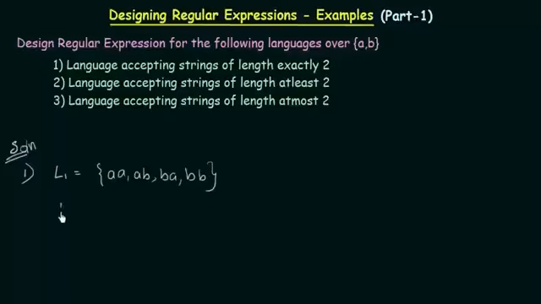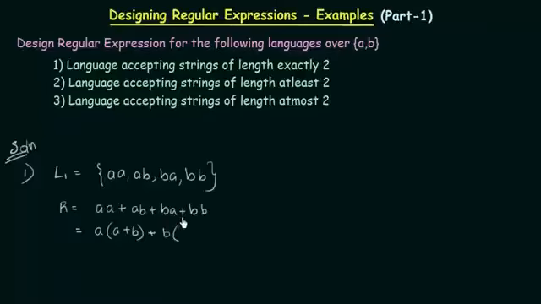So how do we design the regular expression for this? It is very easy. We can just write aa plus ab plus ba plus bb. Just do the union of all the strings that are possible in this set. And we can further simplify this. We can take out a common from these two terms. If I take out a common, I get (a plus b). And from these two terms, we can take out b as common.